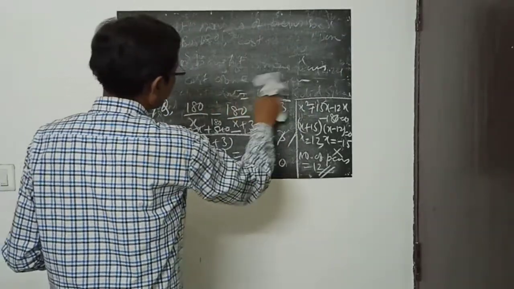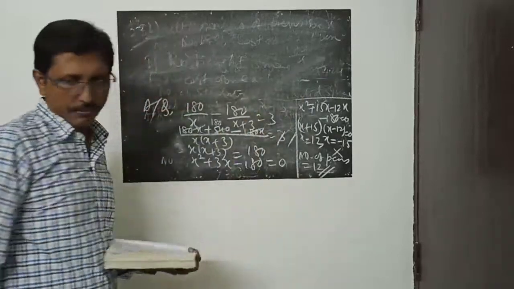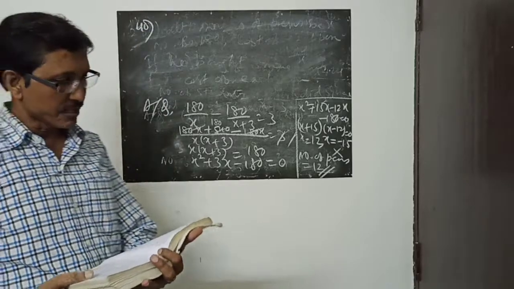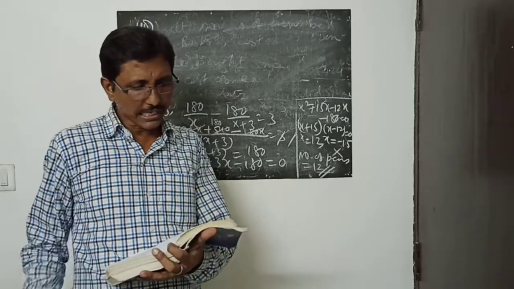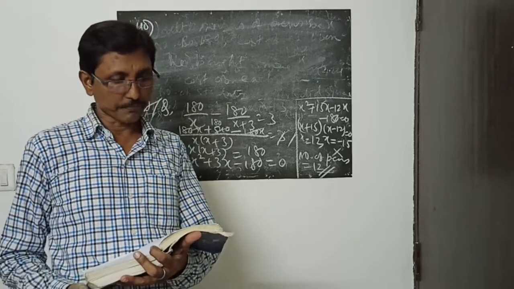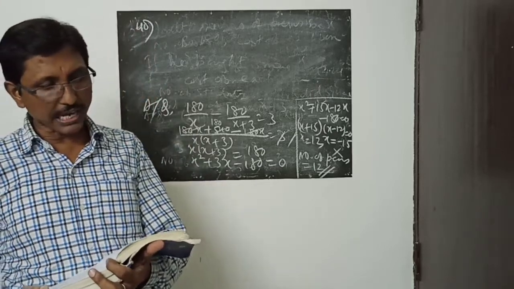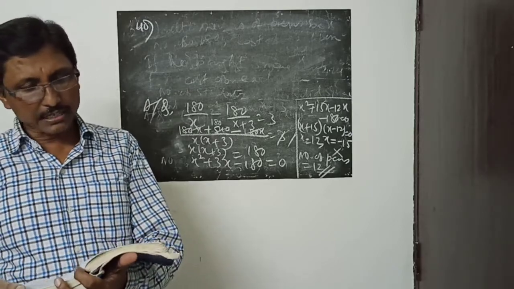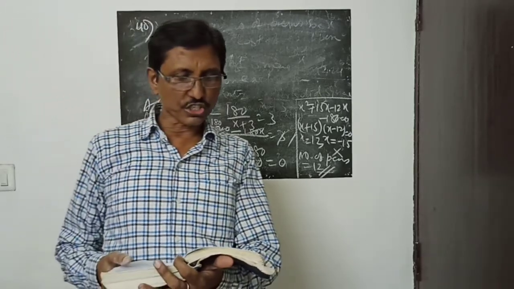See, anyhow you have to arrange the equation. First see that one. Question number 40: the sum of the ages of a boy and his brother, that means 2 persons, is 25 years. And the product of their ages is 126.